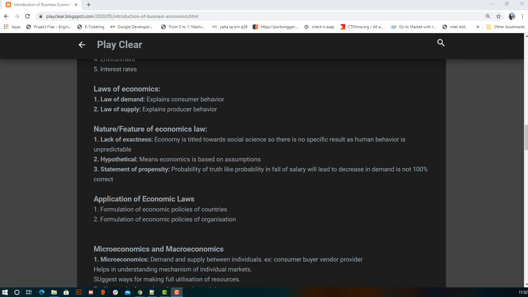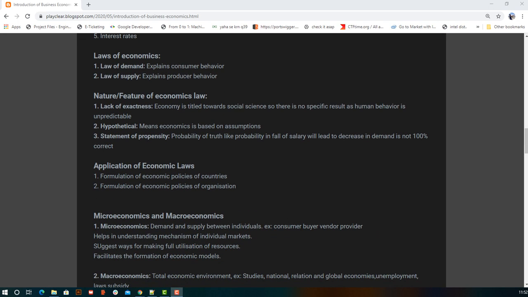It is just an effect, and there will be some level of decrease in the demand of the commodity when income is decreased, but not 100%. Because of that, we call it a statement of propensity. Now the application of economic laws is to take decisions and form economic policies for countries and organizations.